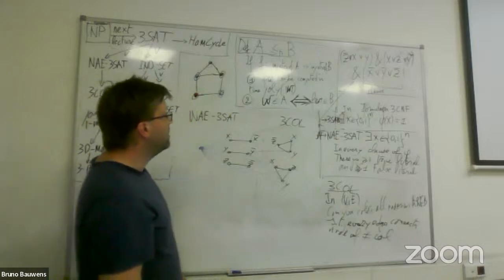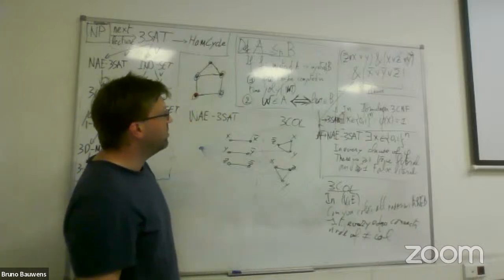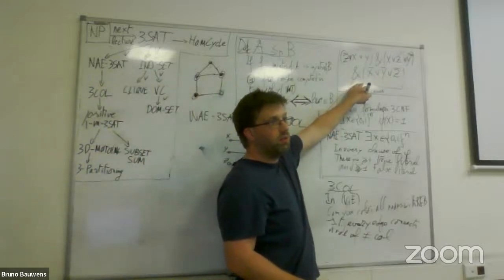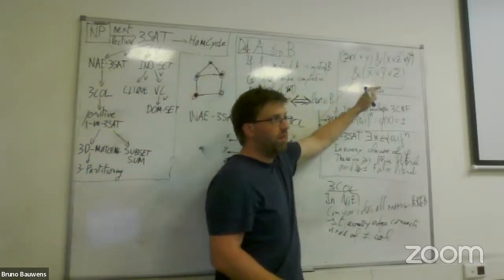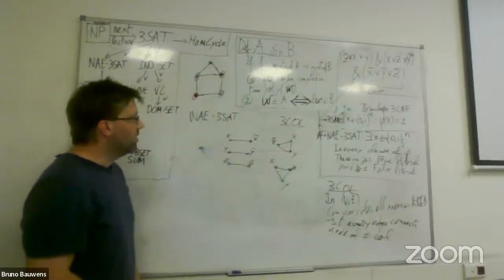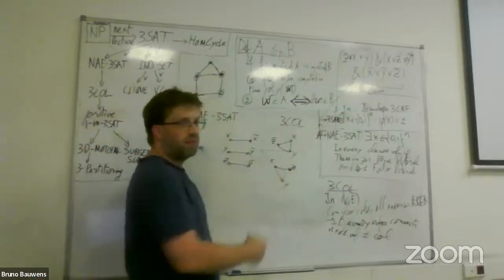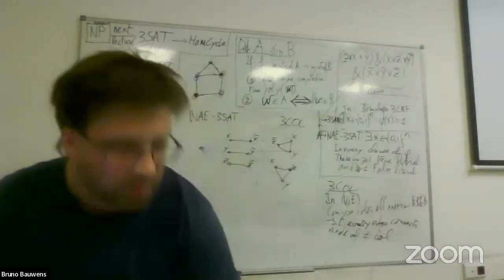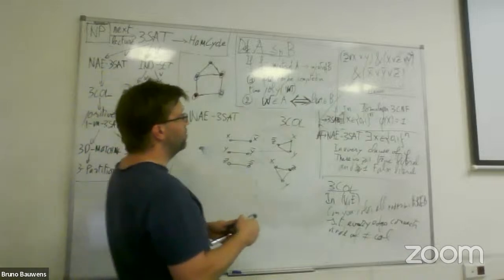Okay, now let us look as usual at the forward direction and assume that the formula has a not-all-equal 3-SAT assignment. So all clauses contain a true and a false literal. How will we color it? Well, we will make green all the literals that are true.